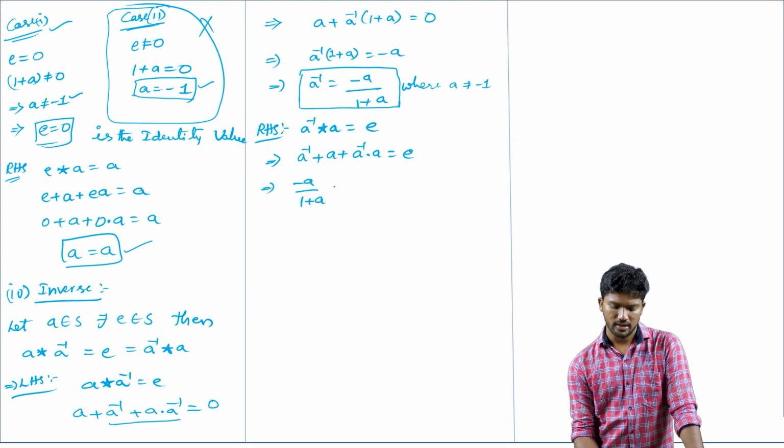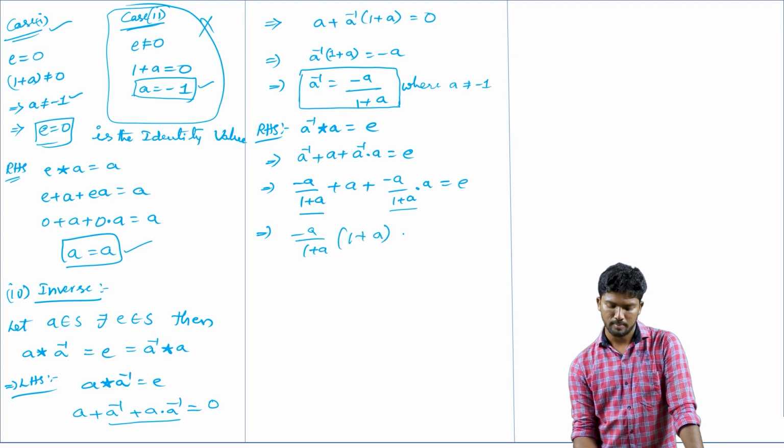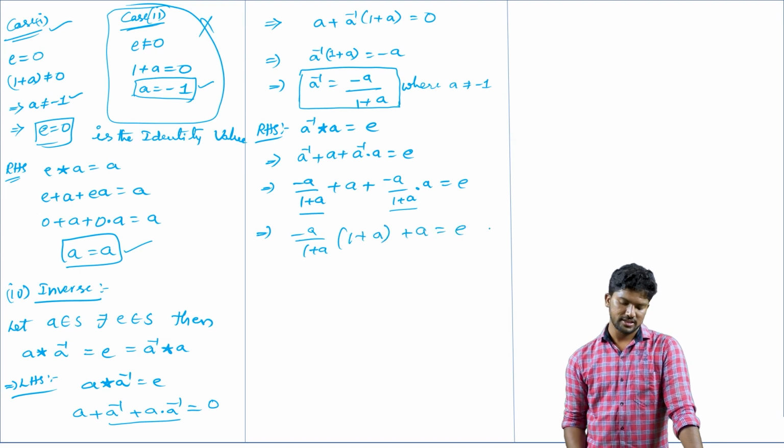Minus a by 1 plus a, plus a, plus minus a by 1 plus a into a is equal to e. Take minus a by 1 plus a common, then minus a by 1 plus a into (1 + a) is equal to e.